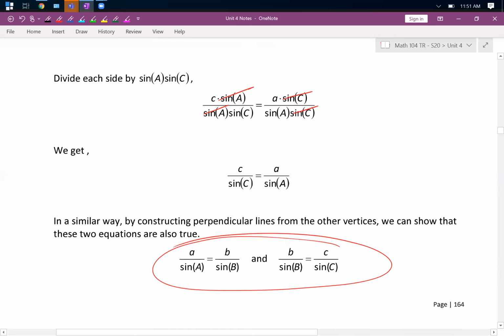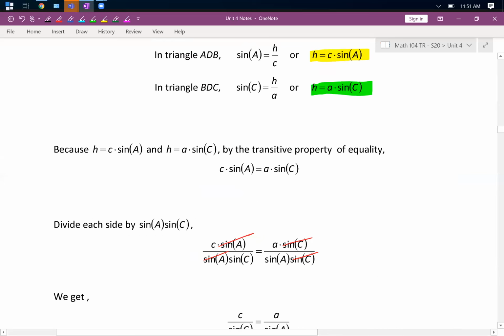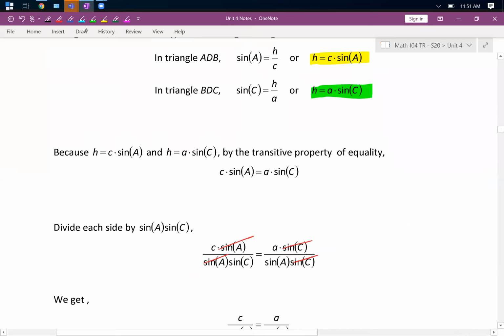We get the same thing because if I go back up to where I divided, if I decided instead of dividing by sine of A sine of C, to just divide by A and C and cancel, you see that we get sine of A over A equal to sine of C over C. So it doesn't matter which one's on top, you just have to be consistent. Either you're putting all your sides on top or you're putting all of your angles on top. You just have to be consistent.